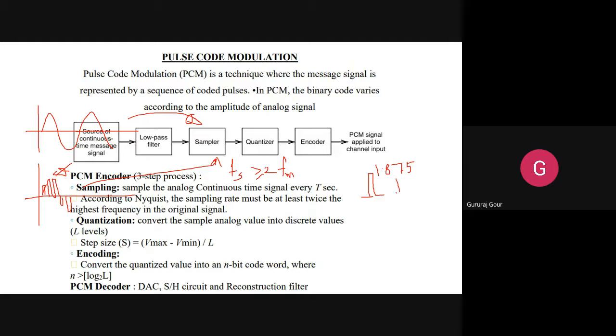When you round it off to the second decimal place, you will get 1.88. Further, it is up to us: if you round it off to the first decimal place, it is going to be 1.9.